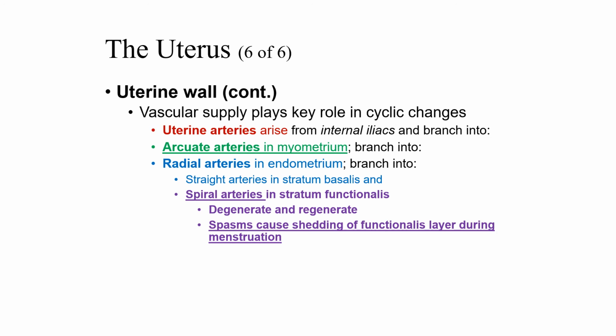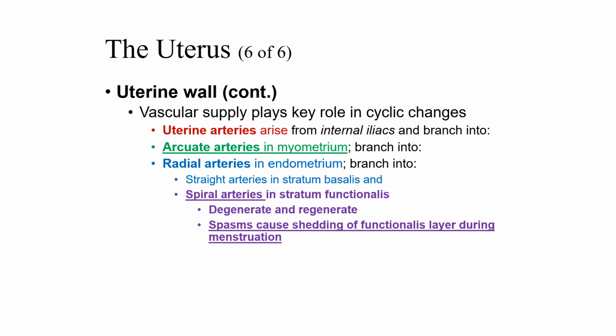So the spiral arteries die, and that tissue that's full of blood dies, and it's sloughed off during menses.